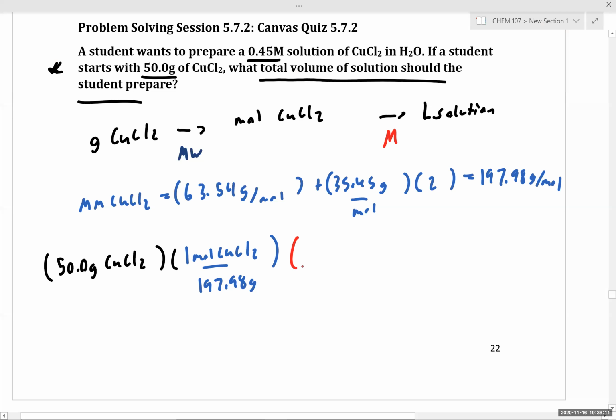Additionally, we know that in 1 liter of solution, we have 0.45 moles of copper chloride. So punching this in, we have 50 over 197.98 divided by 0.45, and that gives us 0.56 liters.